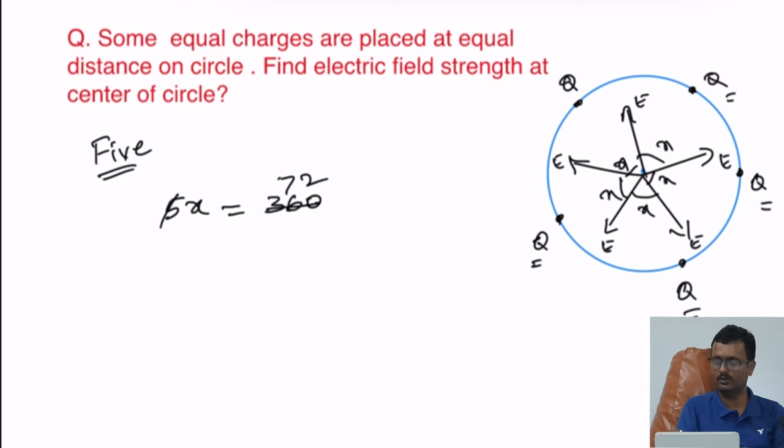That is 72. So this is 72, this is 72 and this is 72, 72, 72. See here, first I take the resultant of these two vectors.